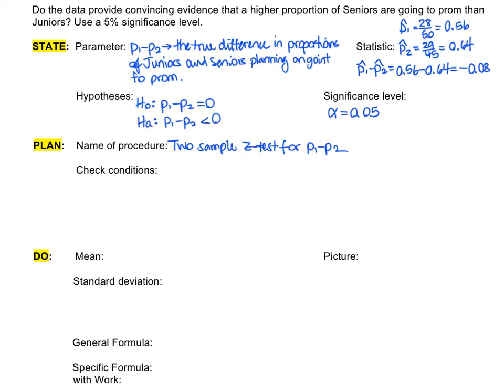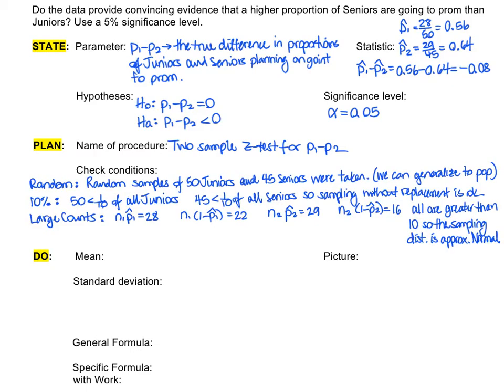Next, we check conditions. We did this before, and so I'm going to go ahead and write those down. We've got our state done, we've got our plan done. The next part that we need to work on is the do. And the mean of the sampling distribution of the difference in proportions is mu sub p1 hat minus p2 hat.